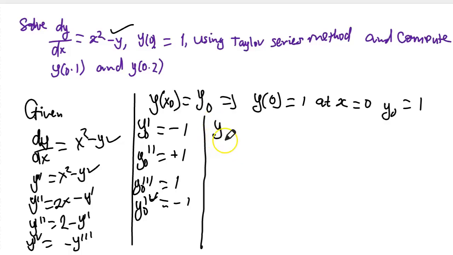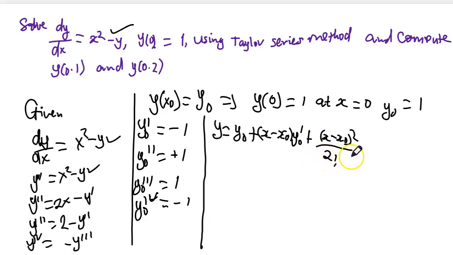It says that y equals y naught plus (x minus x naught) multiplied by y naught prime, plus (x minus x naught) squared divided by 2 factorial, multiplied by y naught double prime.